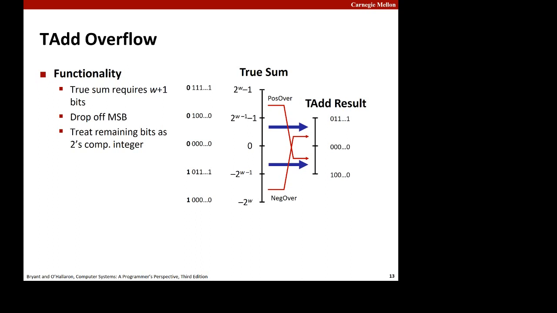One is that the result is within the representable range of a W-bit 2's complement number, in which case that's the result you'll get. But if the number is too big, then it's called a positive overflow, and it will convert into a negative result. And the other is if the number is too small, meaning too negative, then you'll have what's called a negative overflow, and the resulting number will end up having a positive value.